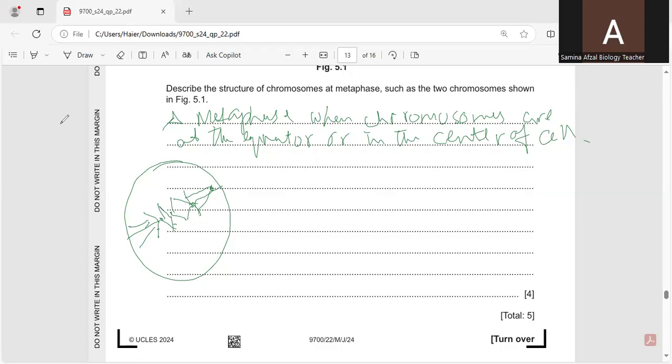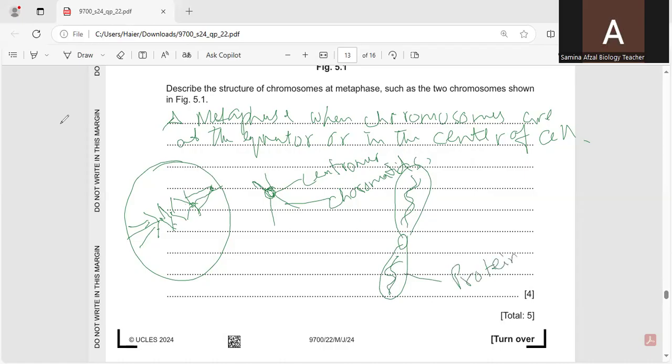And secondly, there are two chromosomes shown in the figure. You can see each chromosome is joined in the center at the centromere, and these are chromatids. The outside is made up of protein, which is called histone.